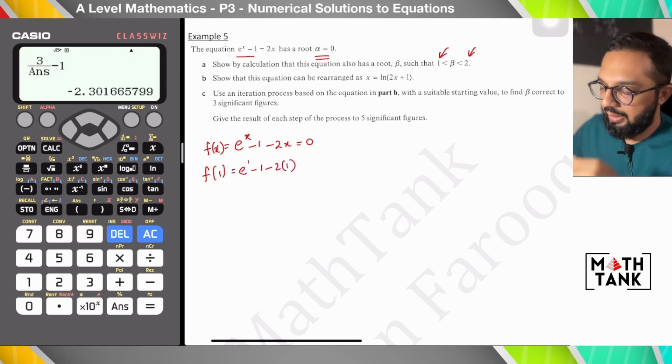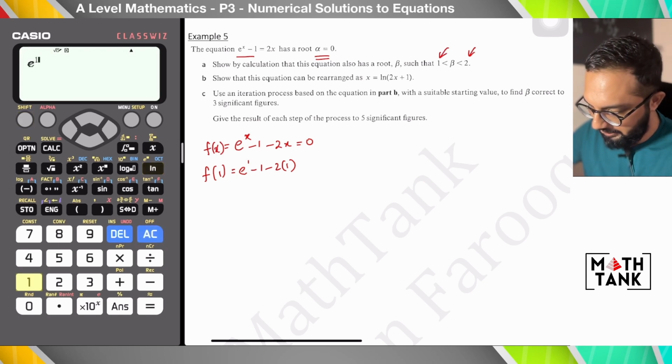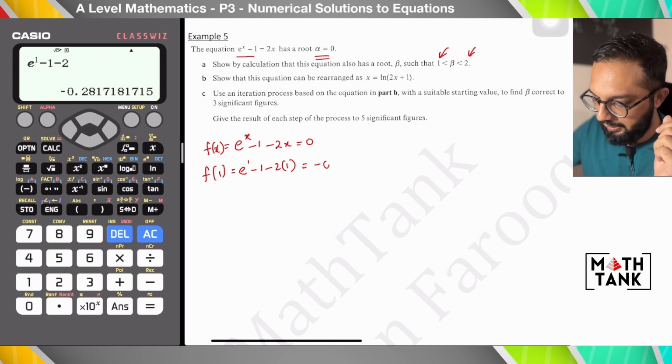let's quickly calculate that. e power 1 minus 1 minus 2, that gives me minus 0.2817, and f of 2, so e power 2 minus 1 minus 2 times 2.